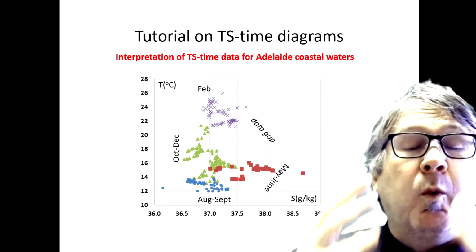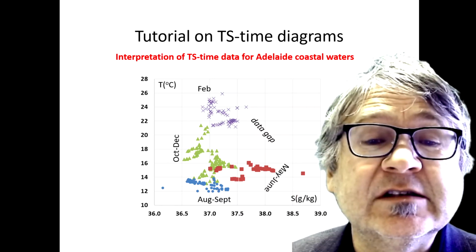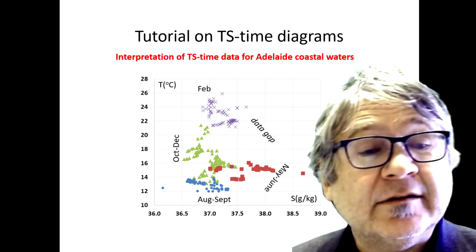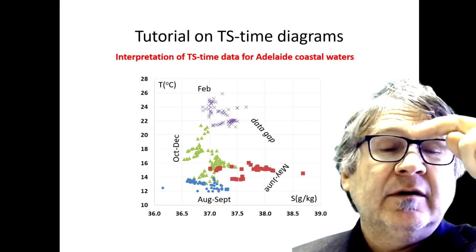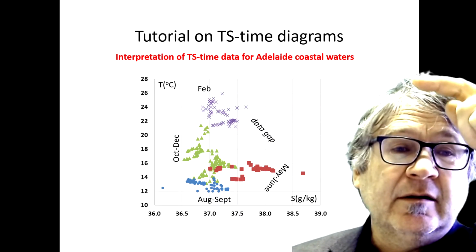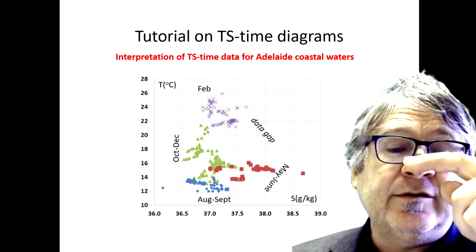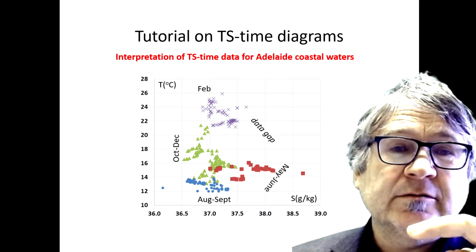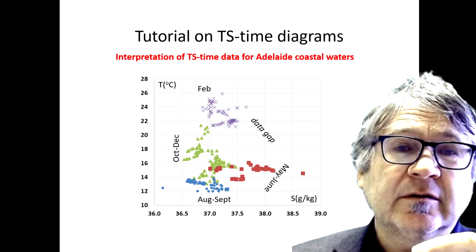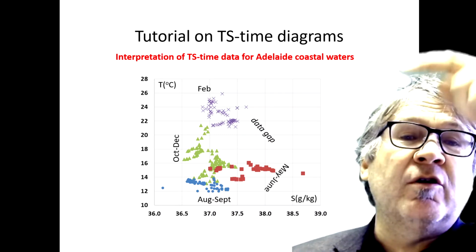So, for example, what causes the temperature variation? Temperature going up into summer, and then dropping, going low into winter. And spring, and then going back up again.